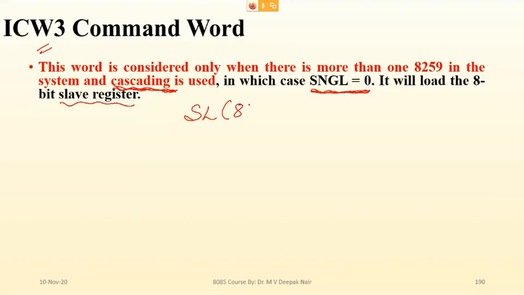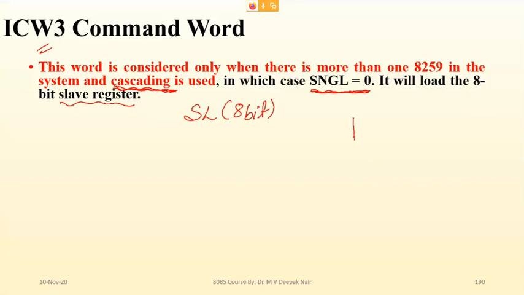Again, it is an 8-bit register, and with this 8-bit register we can know how many slaves are there in the circuit. It is not mandatory that you always connect all 8 slaves. It is possible that you will connect only 1 or 2 slaves, and the rest of the IR lines can be free.